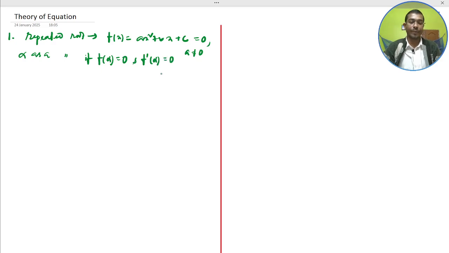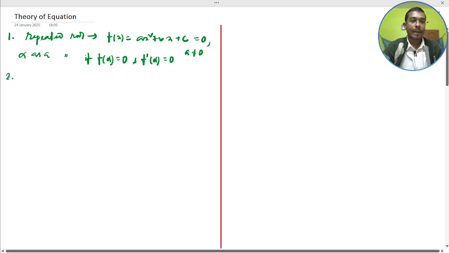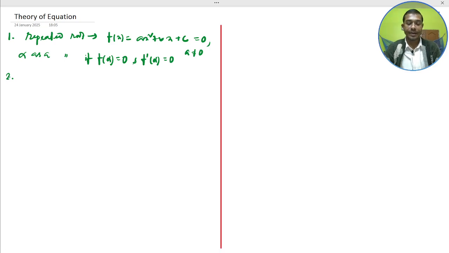This is the condition, very important. So at this point alpha must satisfy the equation and it also holds the first derivative of the function, that f dash alpha is equal to 0.